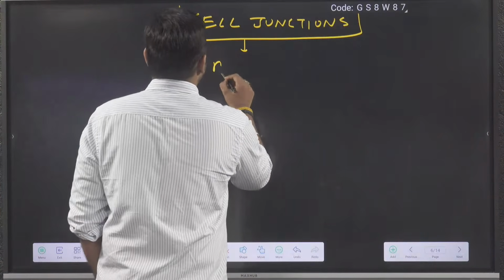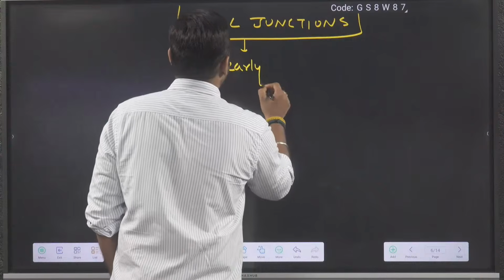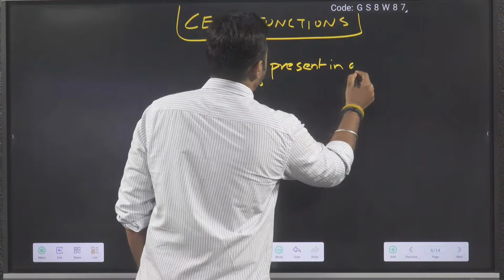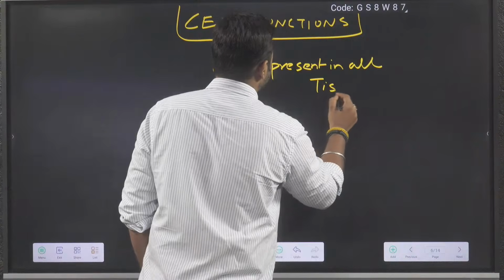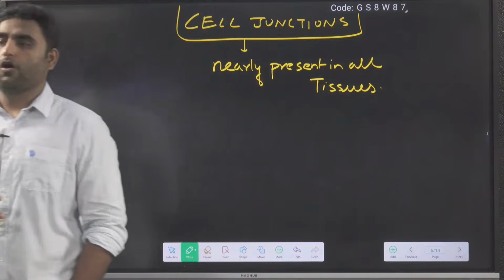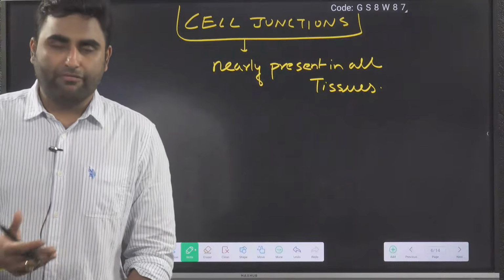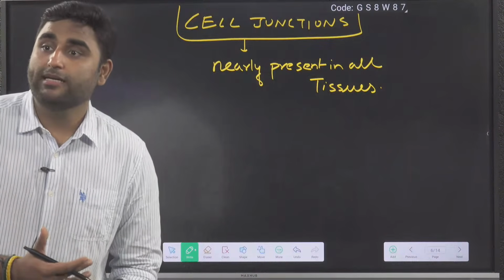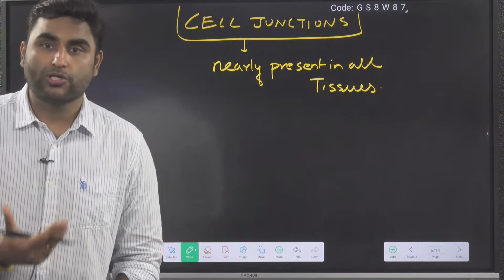Cell junction is present in nearly all tissues. Definitely epithelium 100% has it, but it is also present in the other tissues.